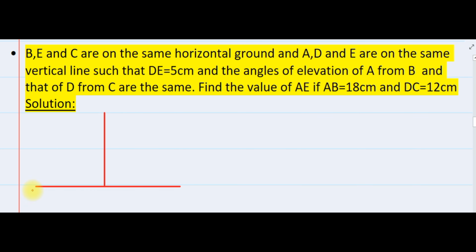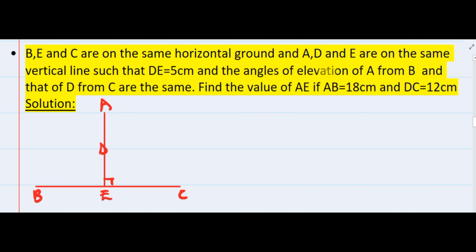They said B, E and C are on the same horizontal line, and A, D and E are on the same vertical line. So this should be 90. If DE is 5, here is 5 cm.